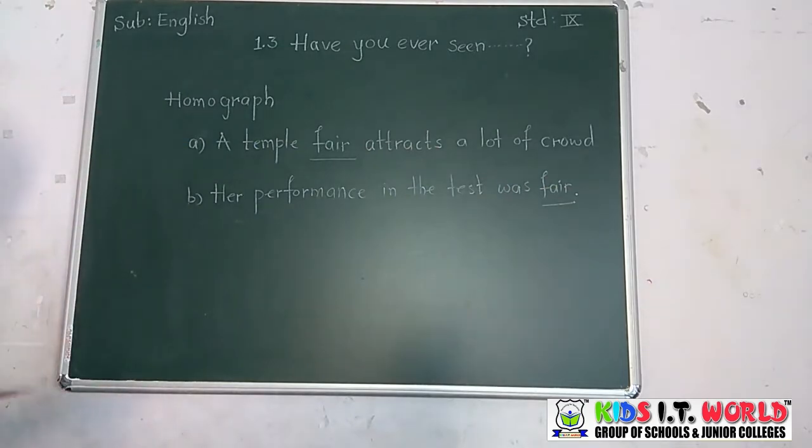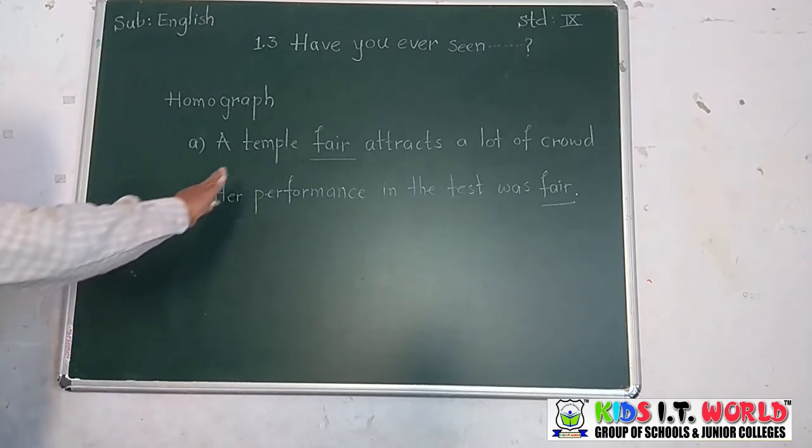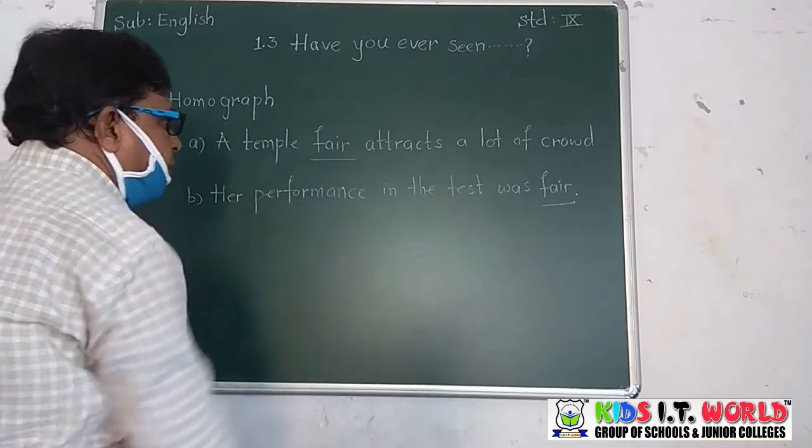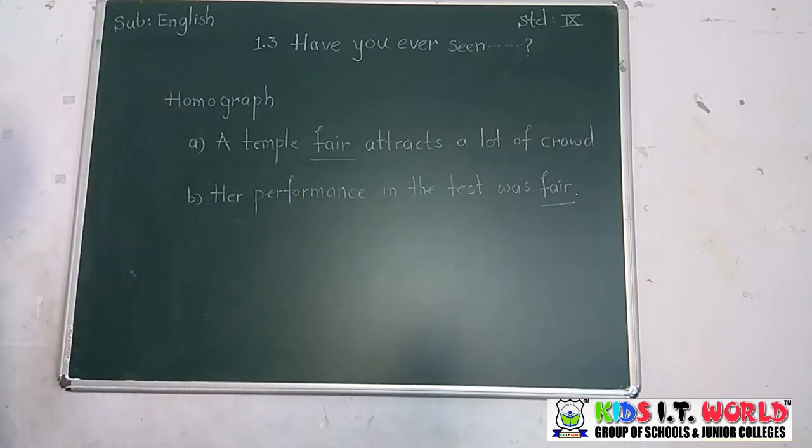Now see these two words. This is called homograph. A temple fair. Here fair means a place where people gather for amusement or entertainment with giant wheels and different kinds of shops for buying goods and things for playing and enjoying.